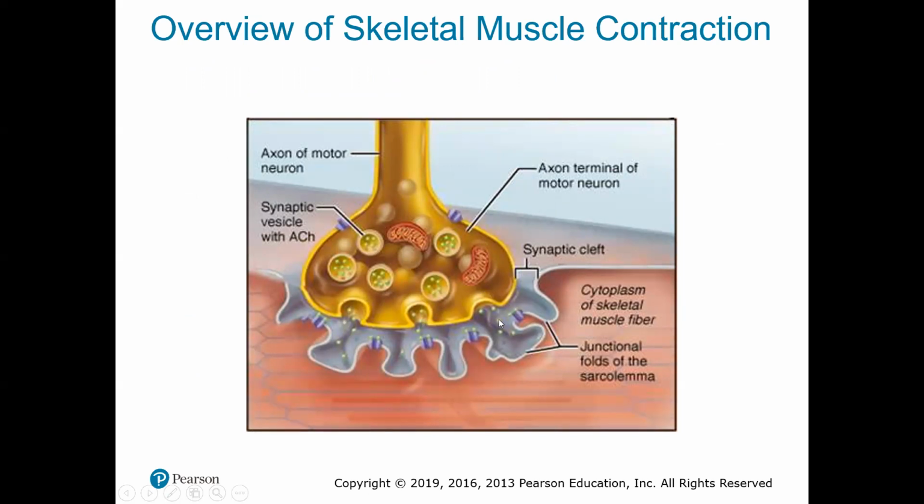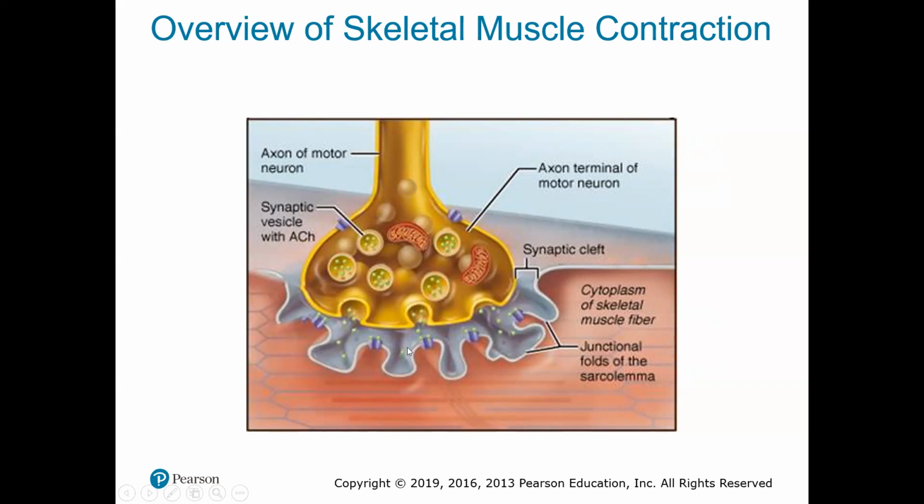Now, there's only one motor end plate and one neuromuscular junction per cell. The cell membrane has all these folds here to increase the surface area, and the axon terminal will release acetylcholine into the synaptic cleft at the motor end plate.